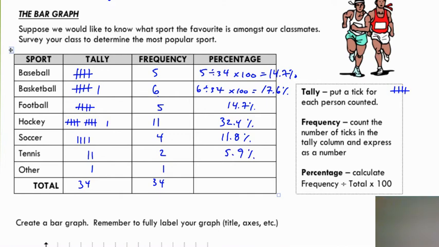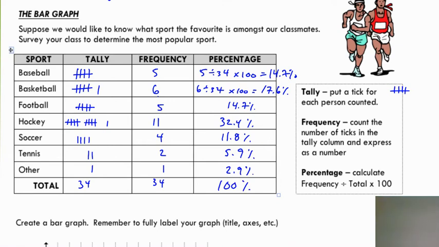And one final one there: 1 divided by 34 is going to be 2.9%. So those all do add up to 100%, and that should be the case.